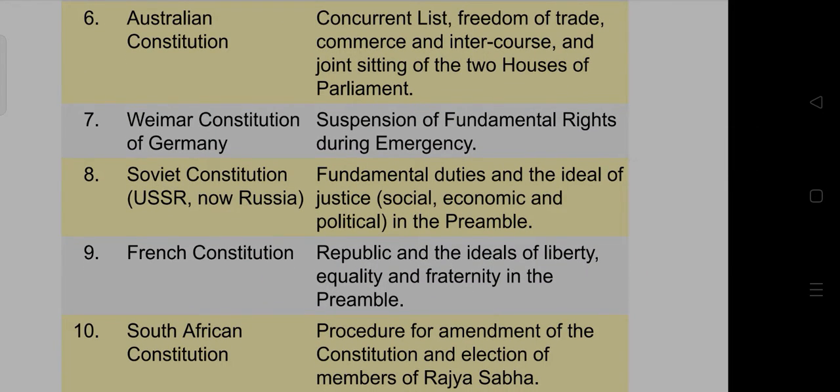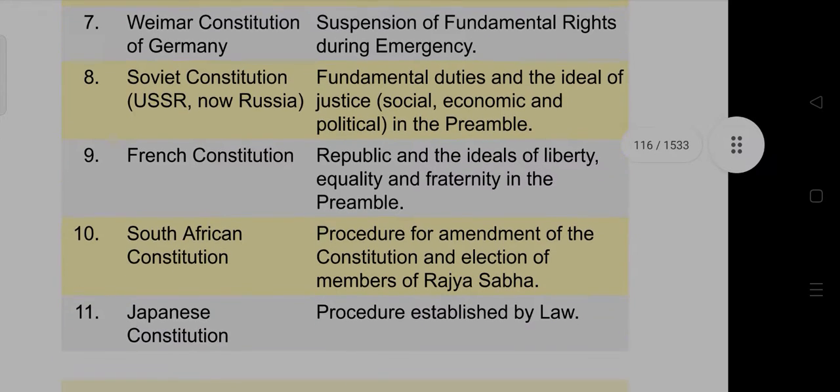Sixth, the Australian Constitution: concurrent list, freedom of trade, commerce, and intercourse, and joint sitting of the two houses of the parliament. Seventh, the Weimar Constitution of Germany: the suspension of fundamental rights during emergency.